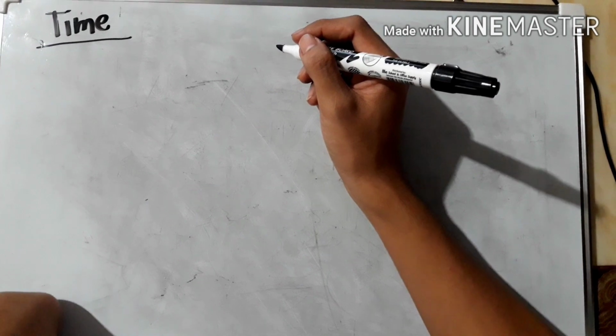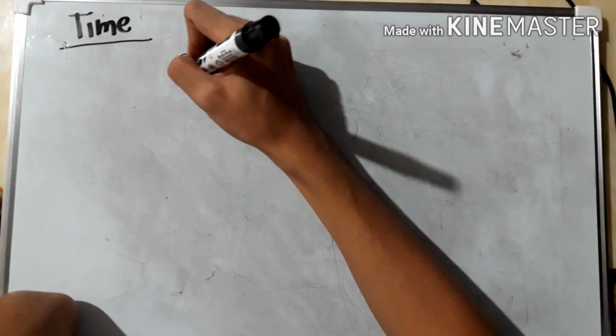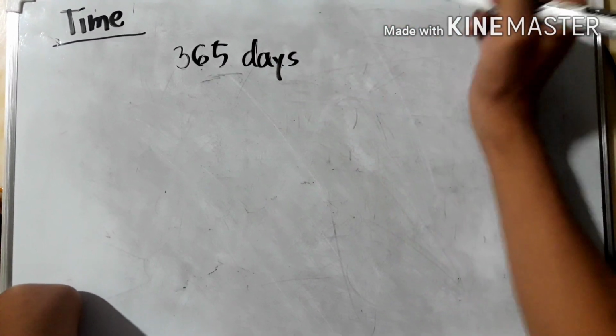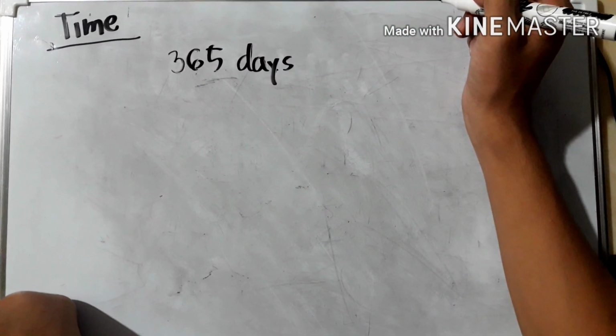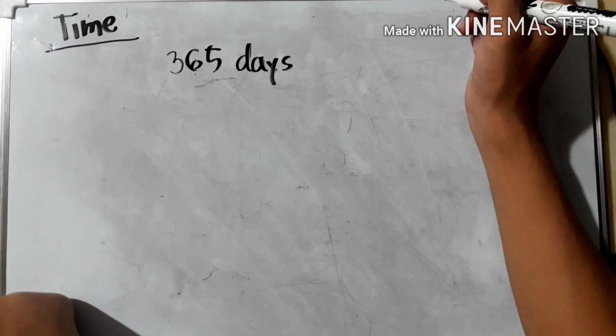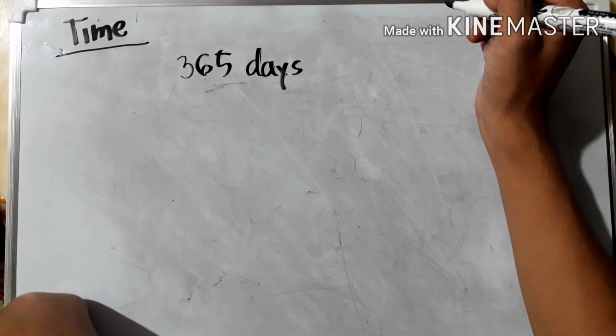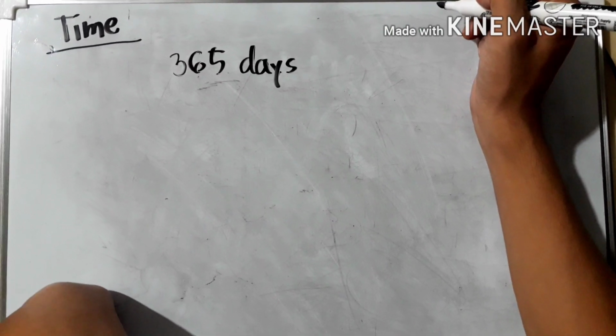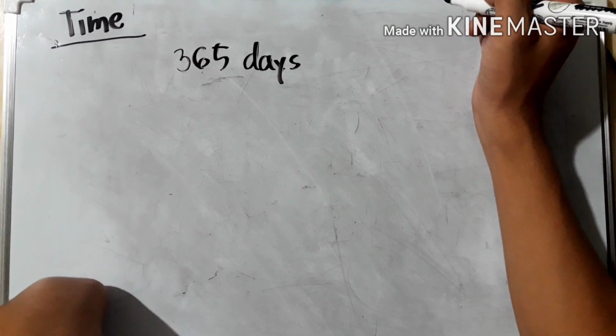However, the 365 days is adapted. So, 365 days is equivalent to 1 year. And then, di ba, every 4 years, nagkakaroon tayo ng leap year. Kaya meron tayong kinoconsider na 366 days yung leap year, or yun yung 5 hours, 48 minutes, and 46 seconds.